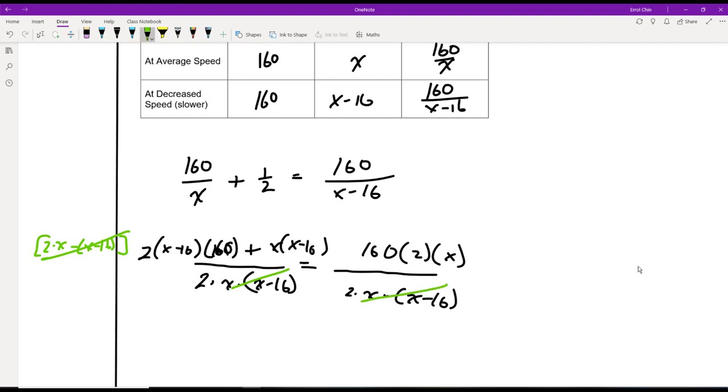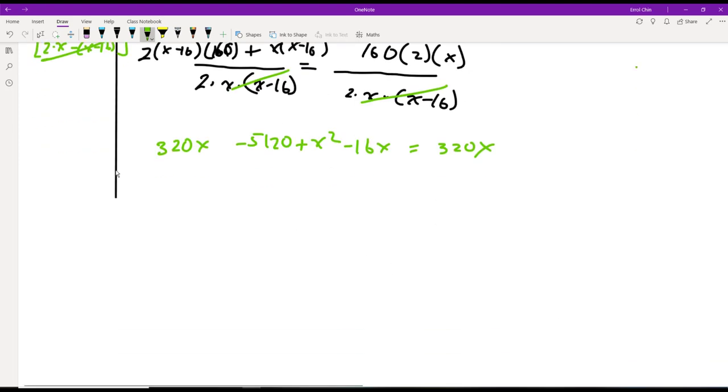Okay? I'm not going to waste your time distributing it all out. I'm going to tell you exactly what it works out to. It works out to 320x minus 5120 plus x squared minus 16x is all equal to 320x.